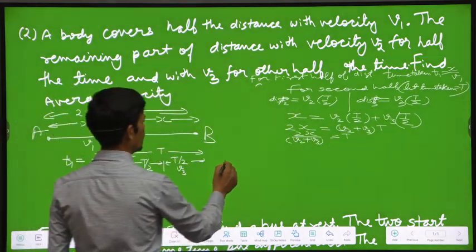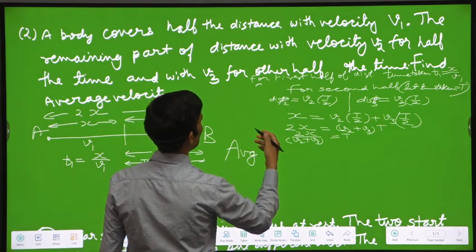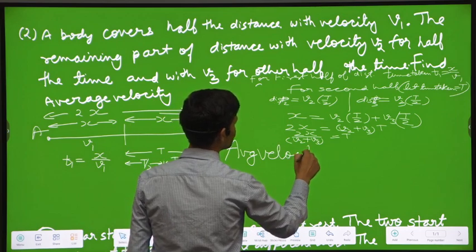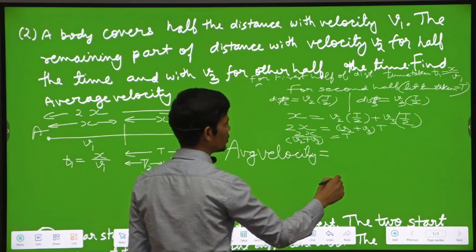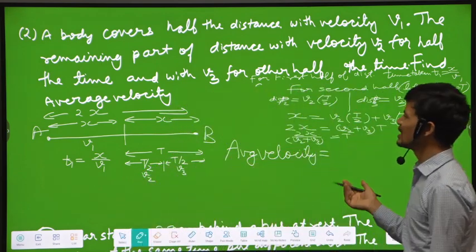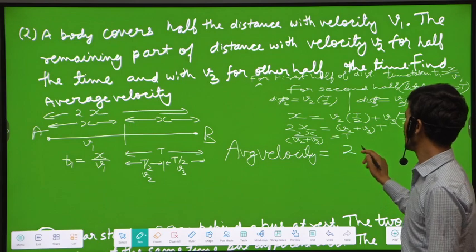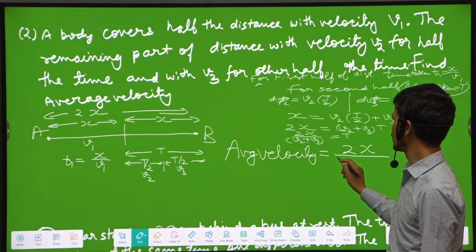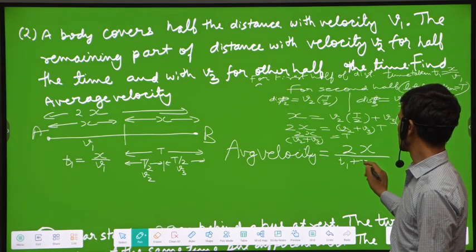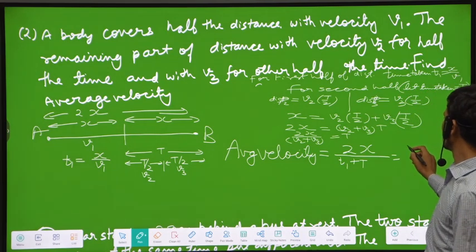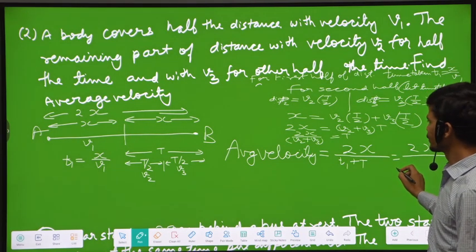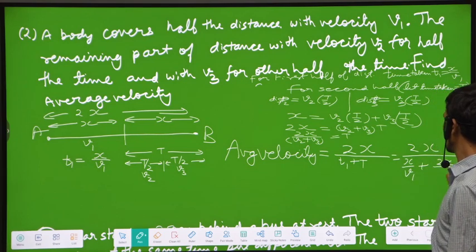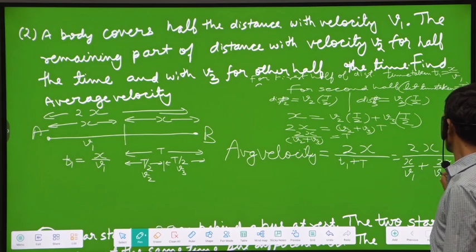So the average speed or average velocity, as they have given, is equal to the net displacement, that is 2x, divided by the total time. The total time is this t1 plus this capital T. So here it is 2x divided by x by v1 plus 2x by v2 plus v3.